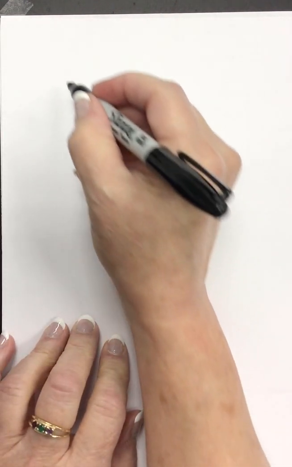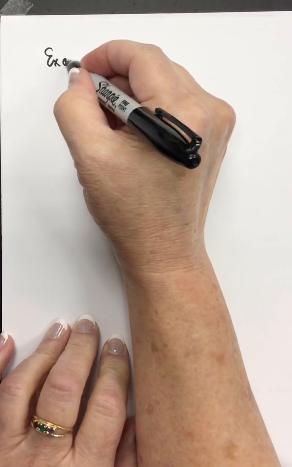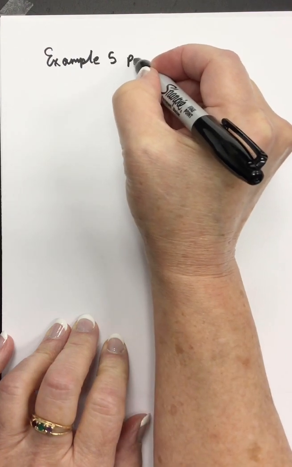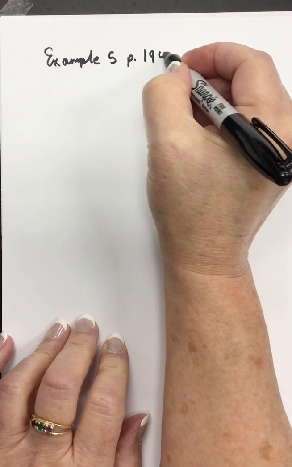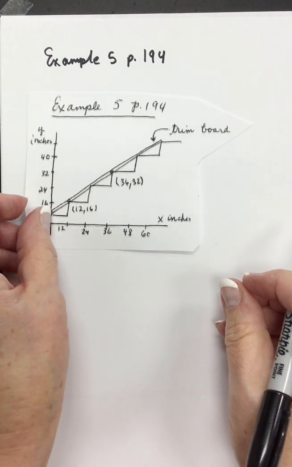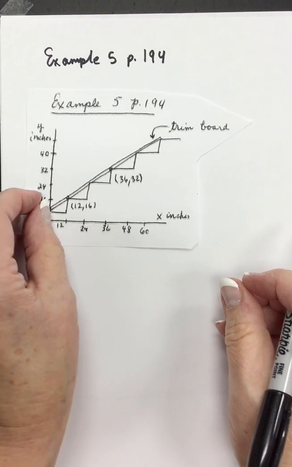Okay, the last one we're going to look at is, again, in example 5 on page 194. Okay, we're going to start with a picture. So we have a picture that looks like this.